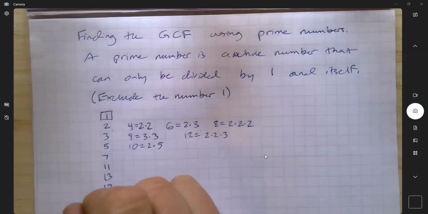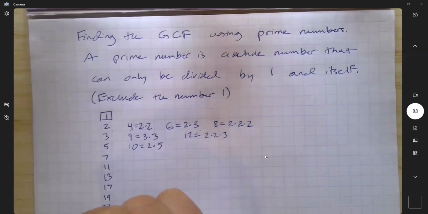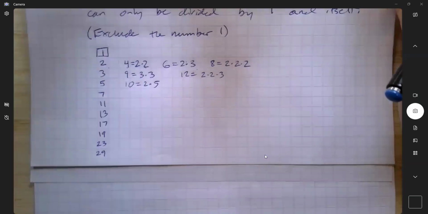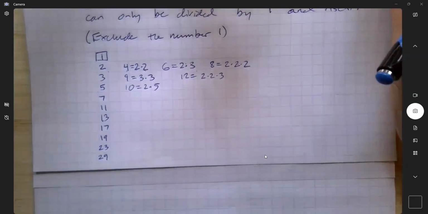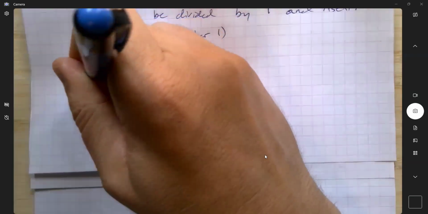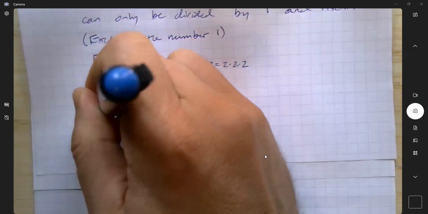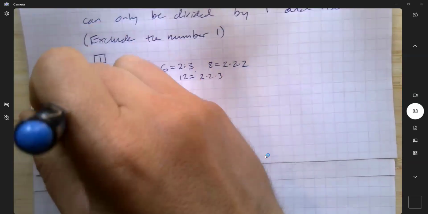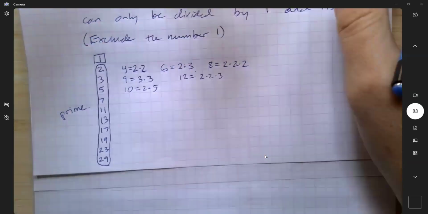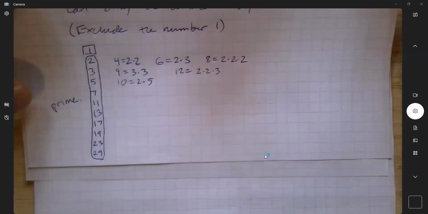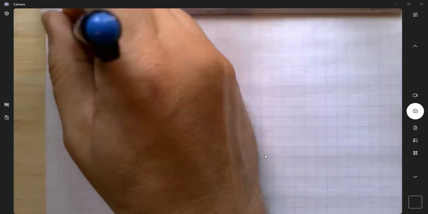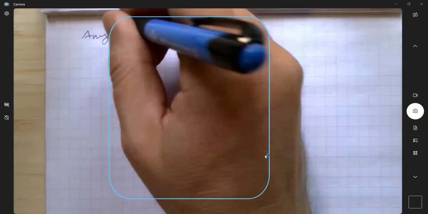Here are a couple more of the prime numbers. So all of these numbers here are prime numbers. Here's a nice fact.